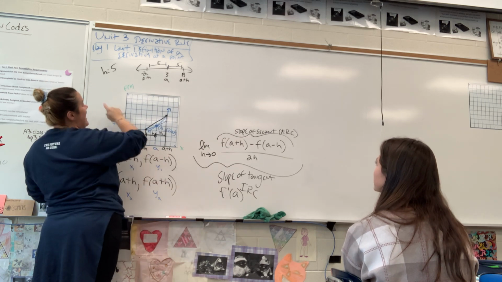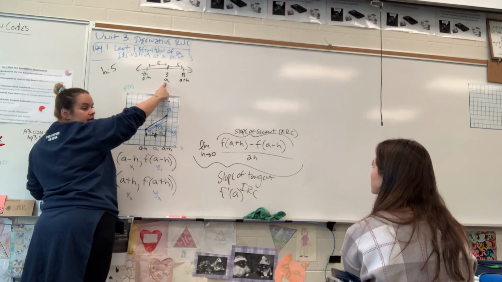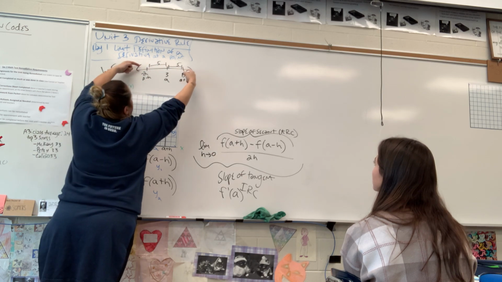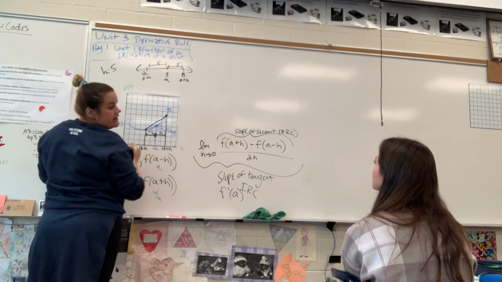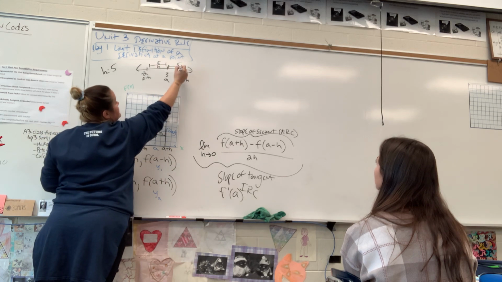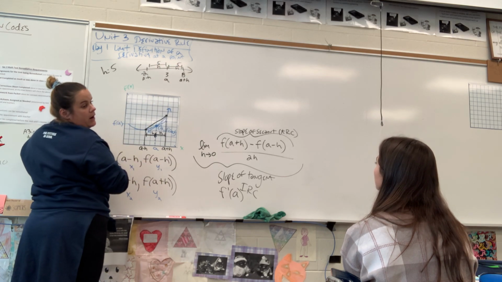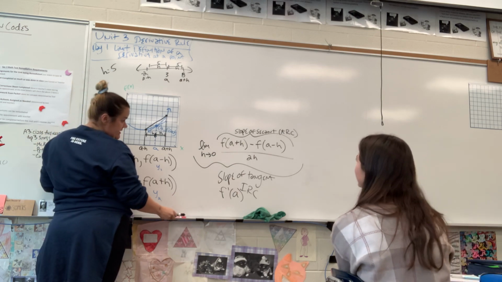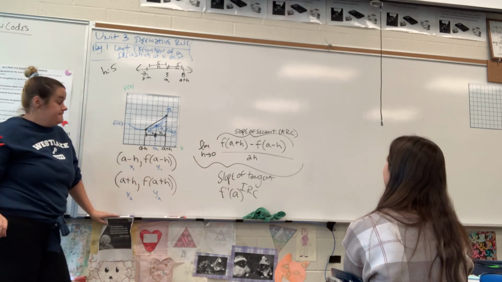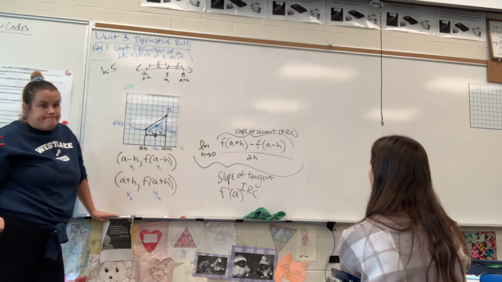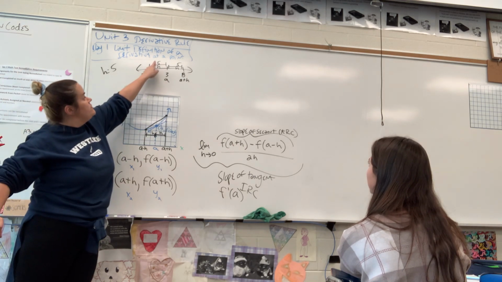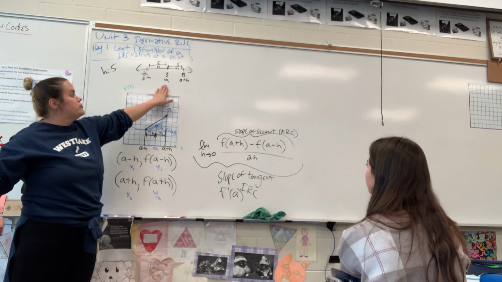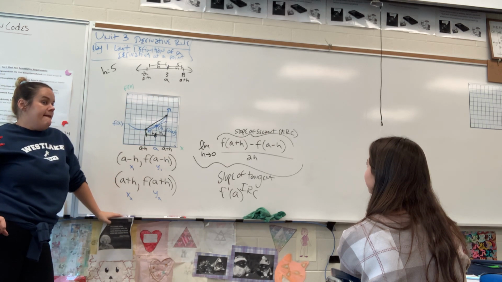We don't want h to become 3. We want h to become 0 so that these get closer to the 3. Because h is this distance between them. Does that make sense? Is 3 theoretically 0? No. 5 is what we want to be 0. 3 is where I'm trying to find the derivative.